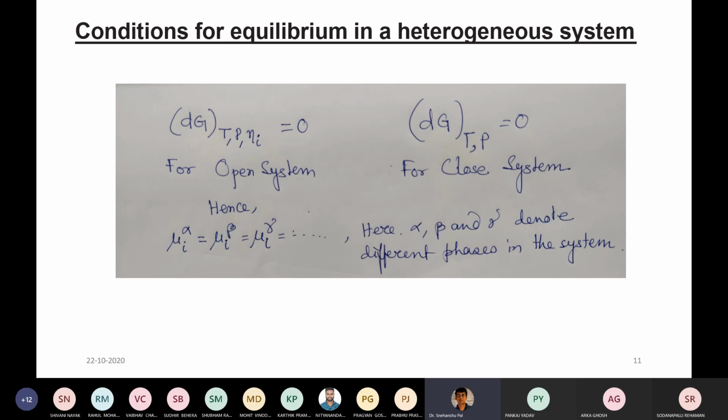The chemical potential of each species must be the same in all phases present in equilibrium. So mu i alpha equals mu i beta, equals mu i gamma, equals mu i delta, in this way. Here alpha, beta, gamma, delta denote the different phases in the system, and i denotes the different components of the system, as we understood in the previous lecture also.